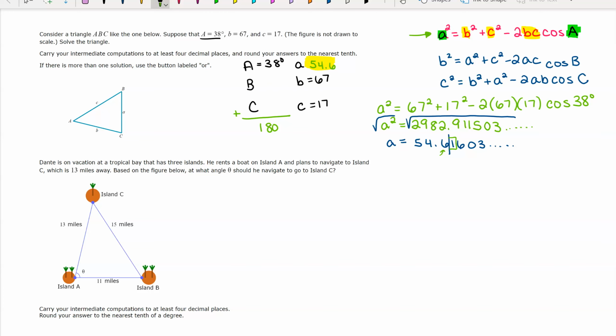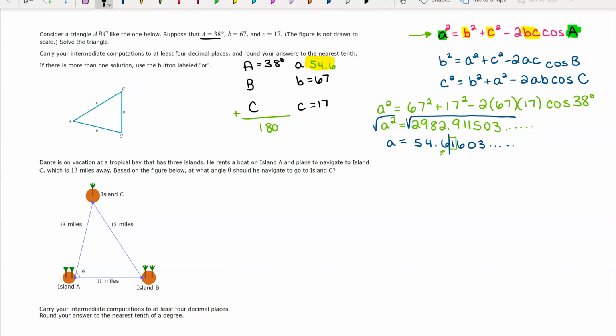I could get something small when I was supposed to get the big version. So I'm going to use the law of cosines again. I'm just going to keep using the law of cosines to find angle B and angle C, because when you use your cosine inverse button, you don't have to check, right? You just use it straight in front of you.